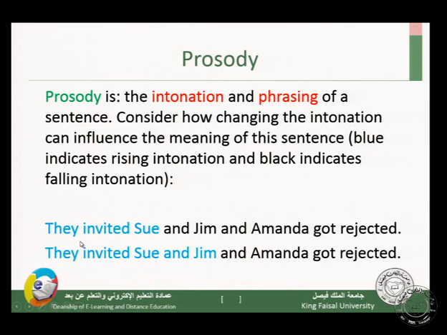Okay, so this is how intonation changes the meaning. So as you are listening, you are making use of this information. You are making use of intonation in order to understand what the speaker is trying to say. You are making use of the prosody to help you understand what the speaker is saying. Okay, this is the second type of information which you make use of as a listener to understand the speech.